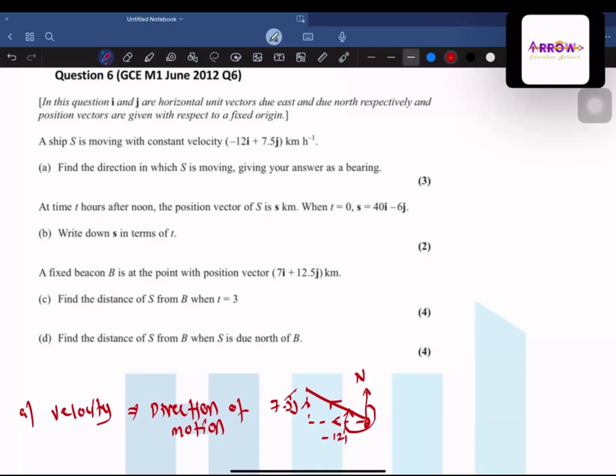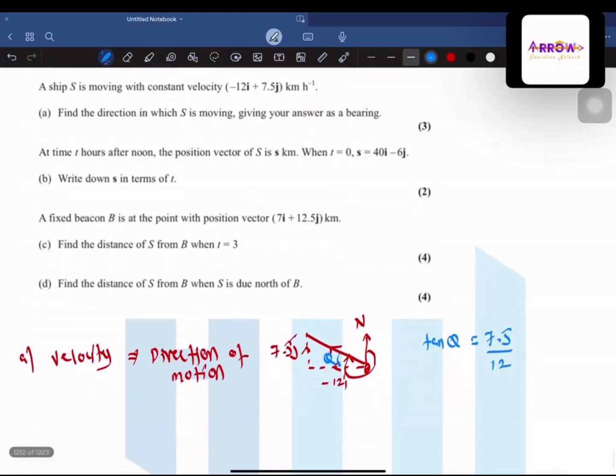I'm going to mark this acute angle as theta. In order to find this acute angle theta, I can say that tan theta is equal to opposite over adjacent, meaning 7.5 divided by 12. So our answer as a bearing would be 270 plus theta, and theta is basically tan inverse 7.5 divided by 12.